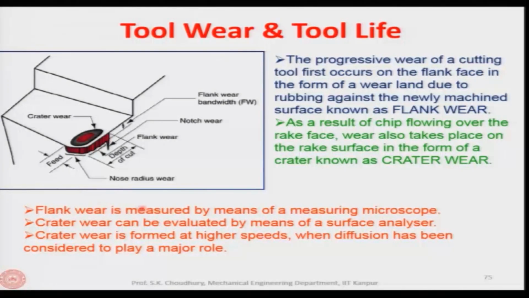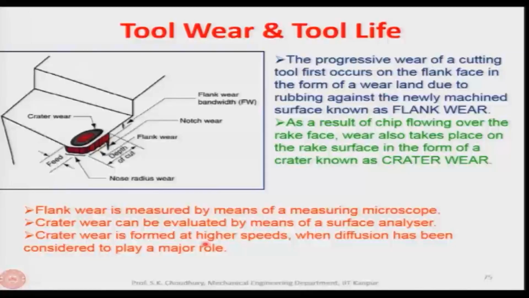Now, flank wear can be measured by means of a measuring microscope. You must be familiar with tool microscopes, for example, where you measure the tool angles. So, under the tool microscope you can find out the length or width of the flank wear. Crater wear can be evaluated by means of a surface analyzer, because crater wear is a dip on the rake face of the tool.